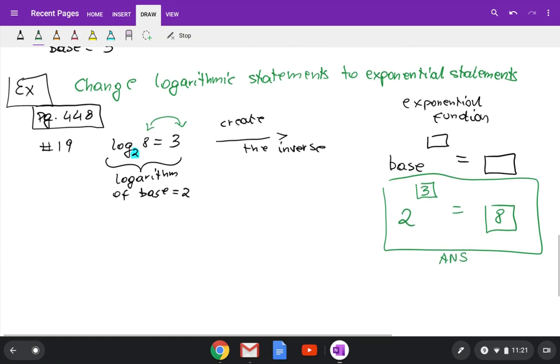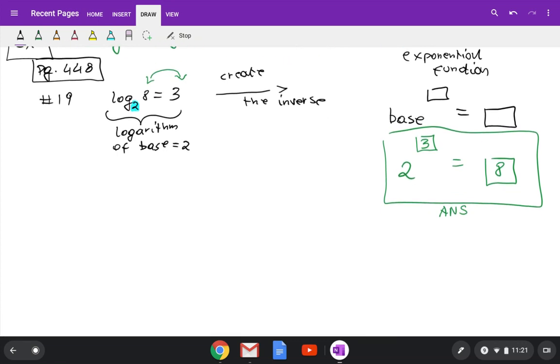Okay, let's do a little more. So that was number 19. Let's do number 20. In number 20, they give you log base 3, and as you see, that base 3 is a little below, of 1 over 9 equals -2. So you need to create the exponential.